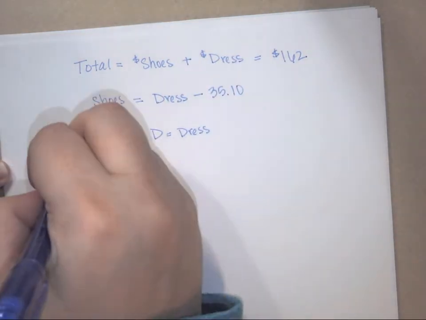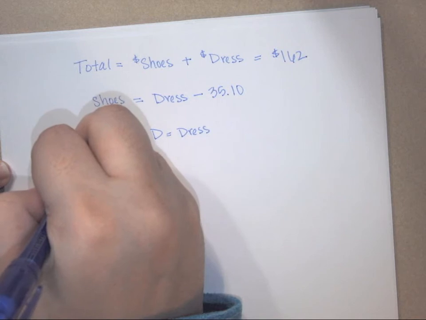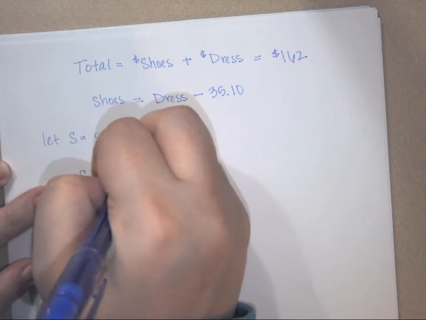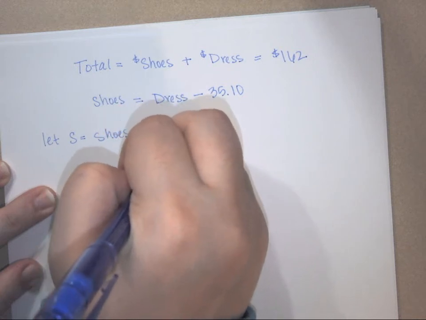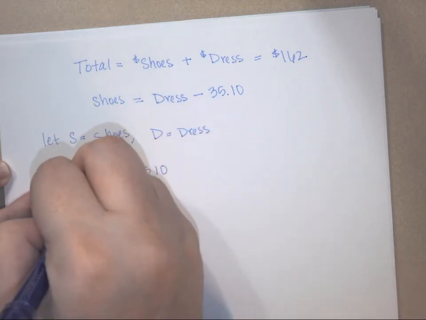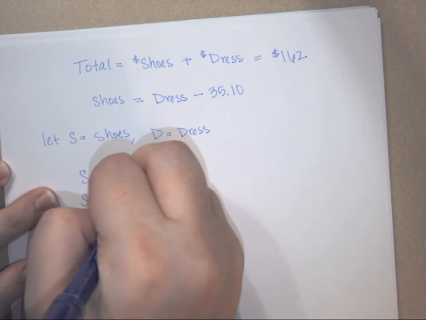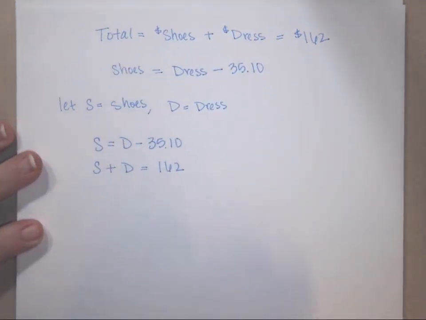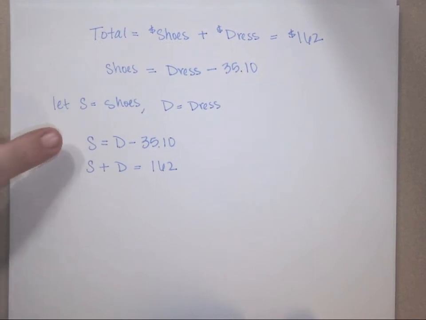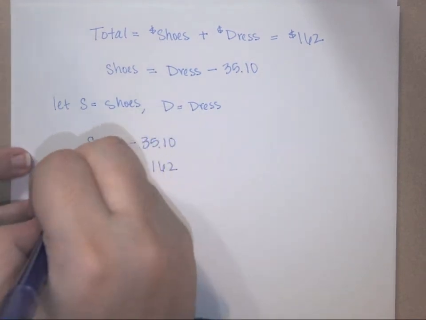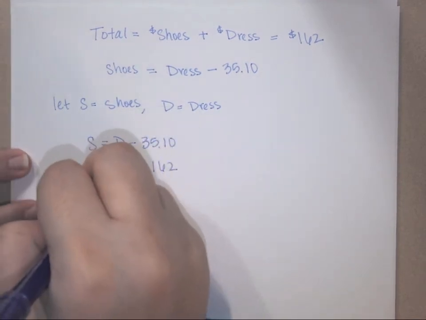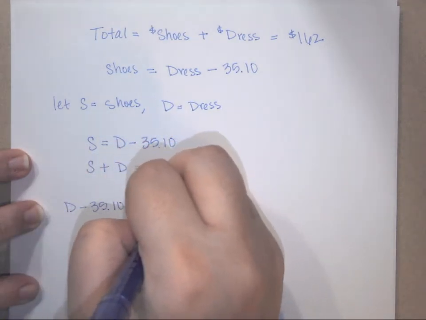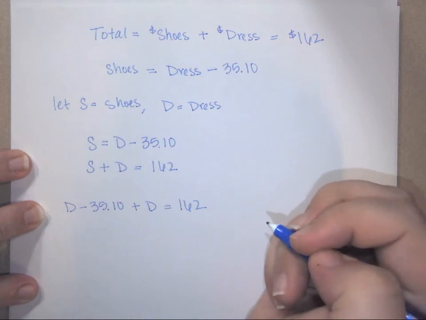Our two equations are going to be that S equals D minus 35.10 and S plus D equals 162. So this is just like the problem we just did. We know what S is, so we can plug that in. So D minus my 35.10 plus D equals 162.